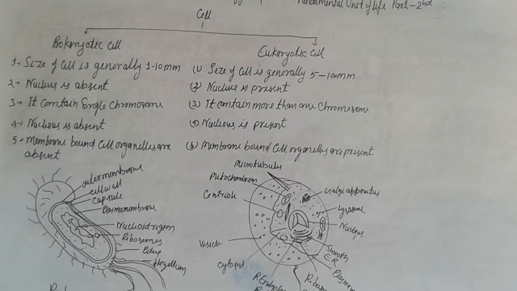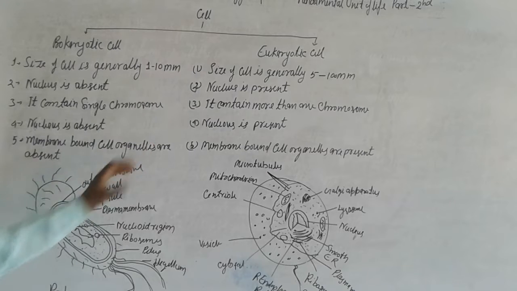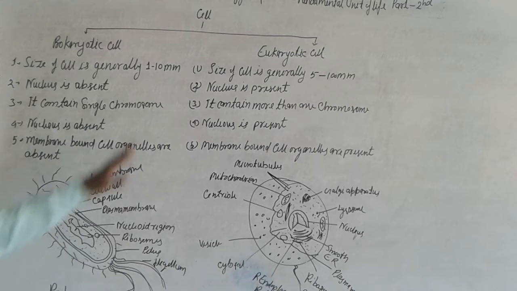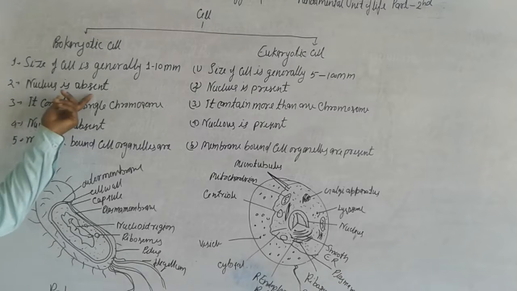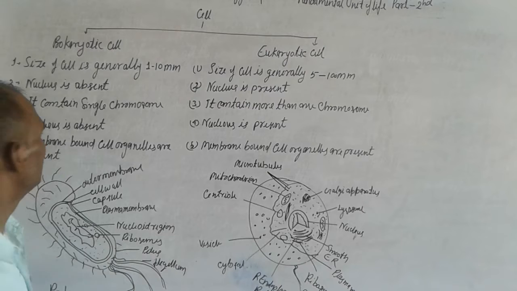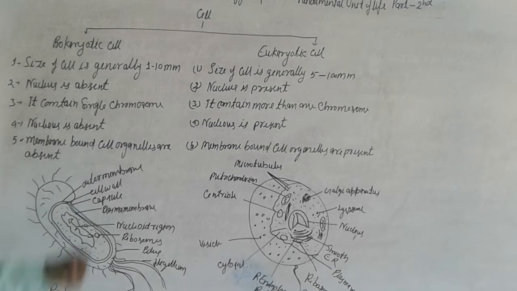And the nucleus is absent in this cell. It contains a single chromosome only. So prokaryotic cells have a single chromosome, the nucleus is absent, and the size of the cell is generally 1 to 10 mm.